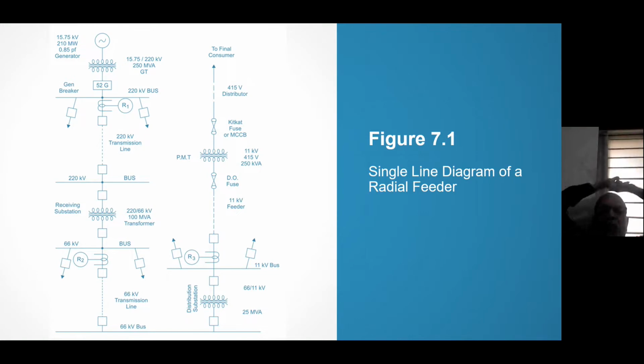I'm saying primitive because the system in any state, Gujarat or Maharashtra, or in any region in the world, is very complex. It is an 11 bus system or 15 bus system, and there are some 100 transmission lines and 200 relays. Setting these relays is a big business, and you cannot do it manually.